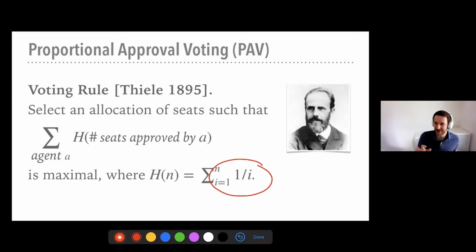It uses slightly different weights because it's not as discrete, and so it does not satisfy these nice proportionality properties. But it's very similar to it. I agree with that. And so one way of interpreting it is that this PAV rule by Thiele, which is also older, right, is like the correct discretization of the Nash idea. That's one way of seeing it.